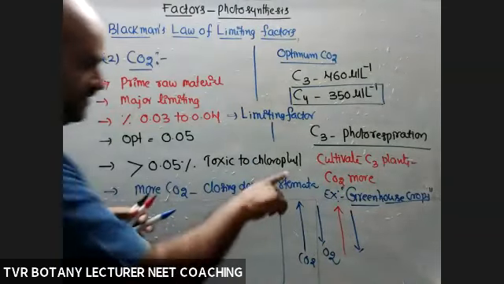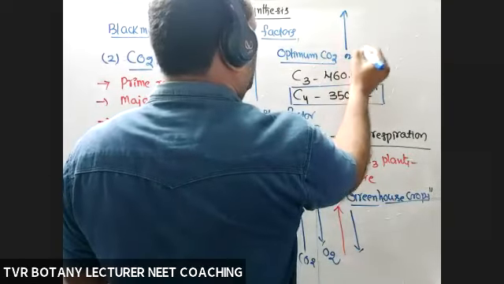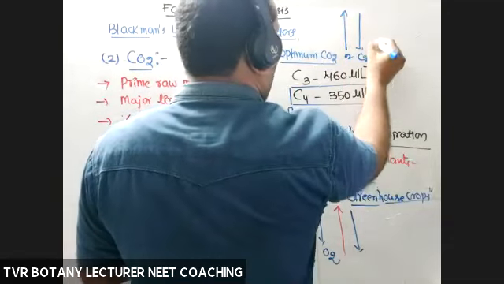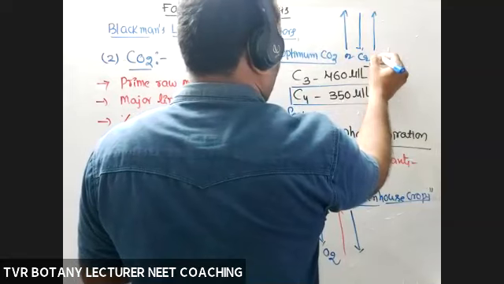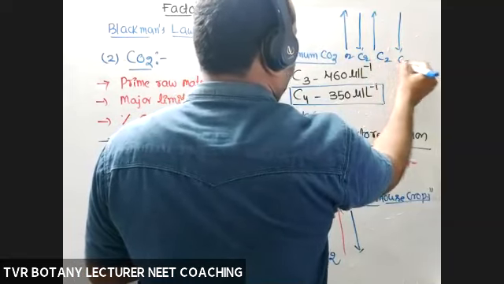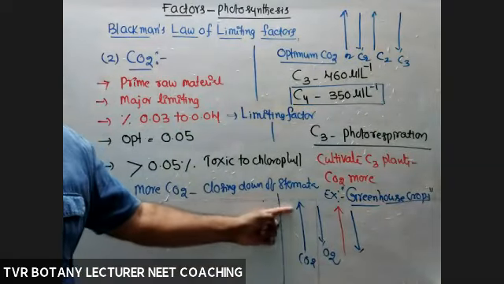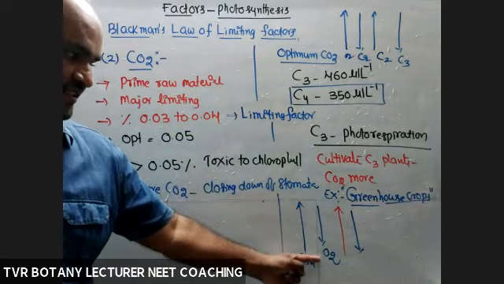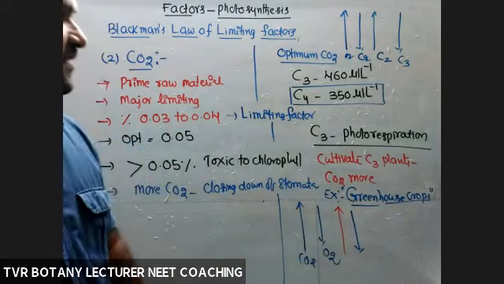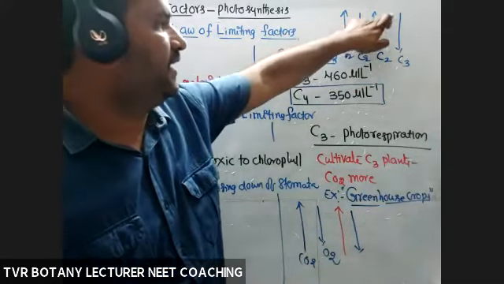Otherwise, in an area with more O2 and less CO2, there is more photorespiration, more C2 cycle, less C3 cycle. Increased CO2, less O2: rate of C3 cycle more, less C2 cycle. Reverse: more oxygen, less CO2, more C2 cycle, less C3 cycle.